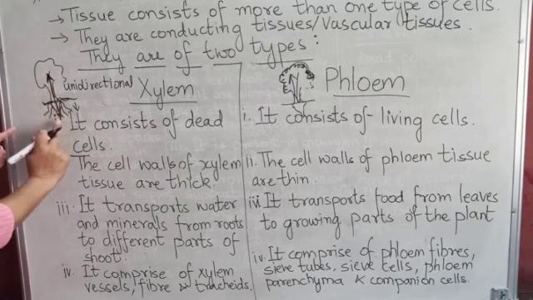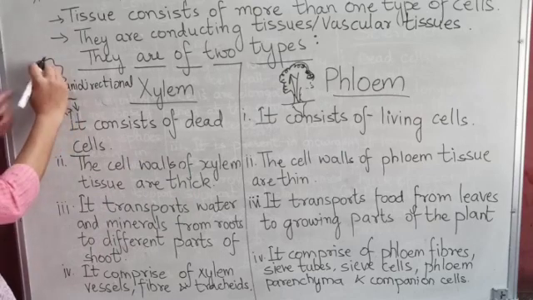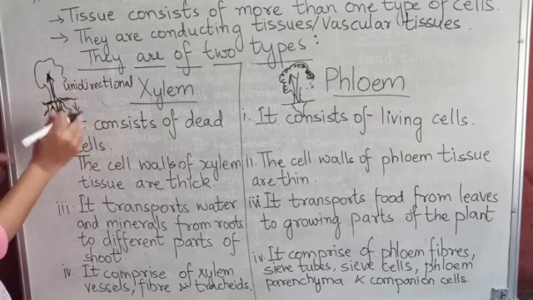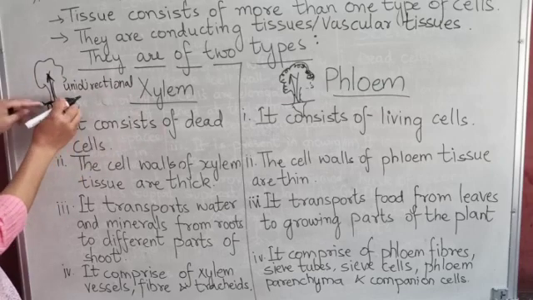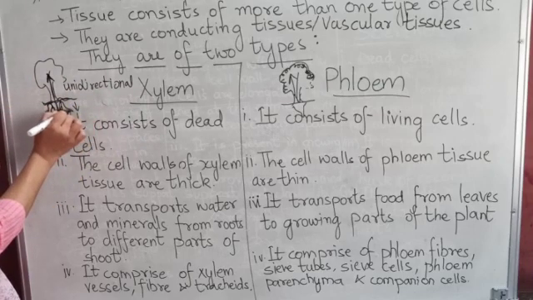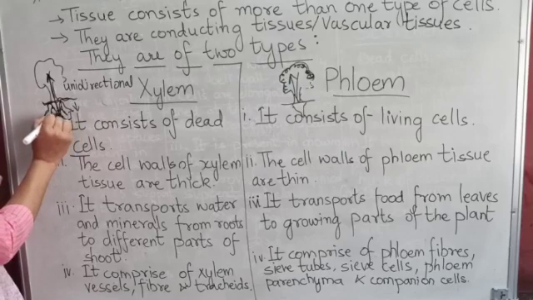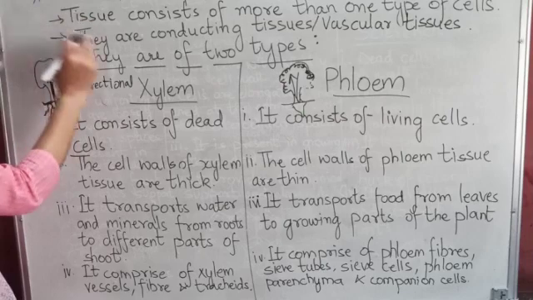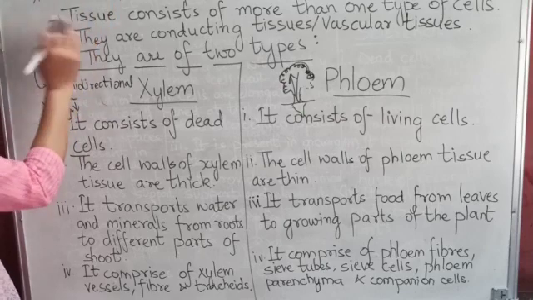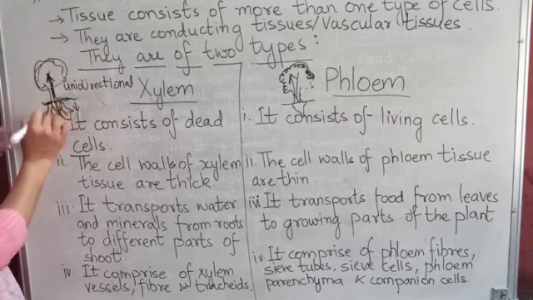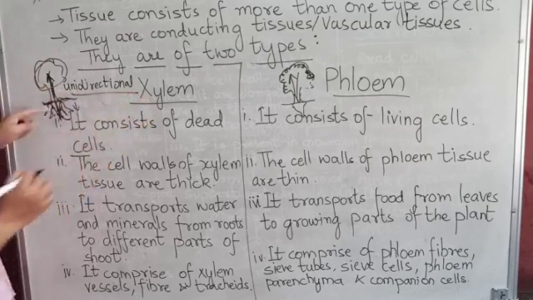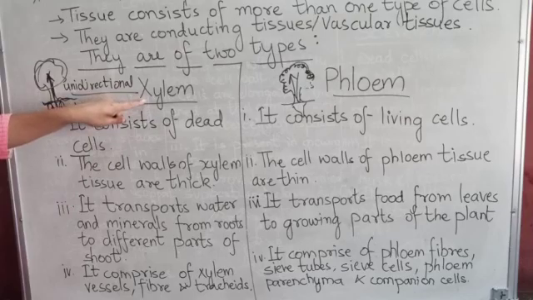That means the movement is upward. Now here is the plant, and you can see these are the roots. What xylem does is take water and minerals from the soil and transport them in the upward direction to all the parts of the plant. So the movement is unidirectional in the case of xylem.